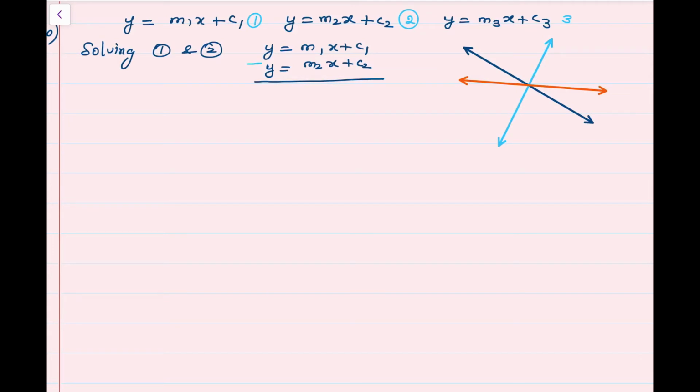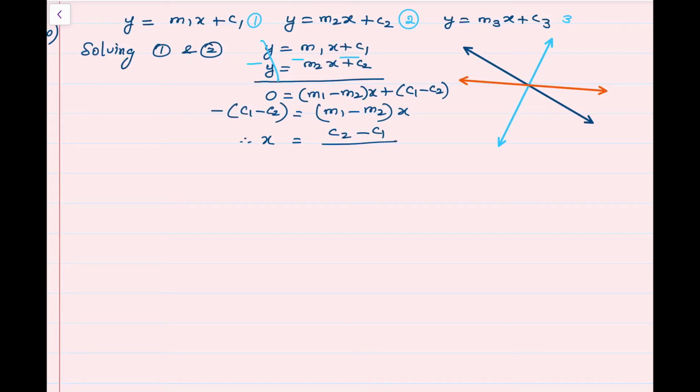We will change the sign. 0 is equal to m1 minus m2 times x plus c1 minus c2. m1 minus m2 times x is equal to minus of c1 minus c2. Therefore, x is c2 minus c1 divided by m1 minus m2. I distributed this negative sign. This is the x coordinate of the point of intersection.